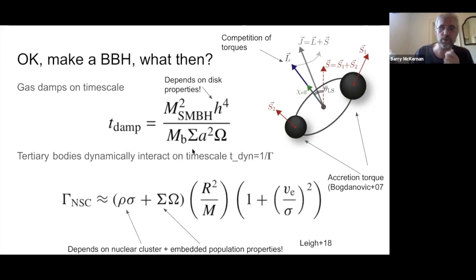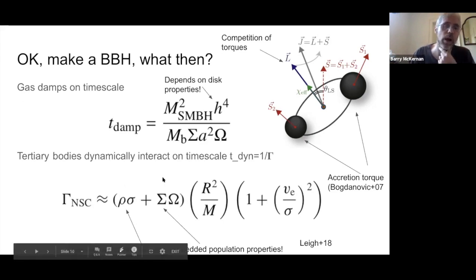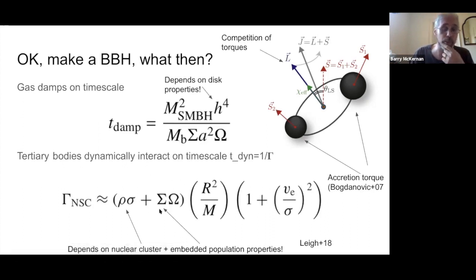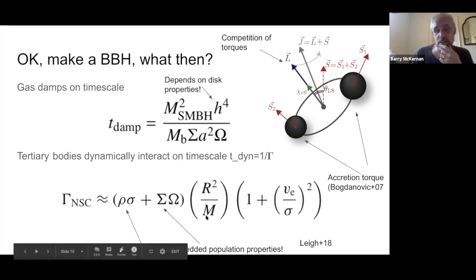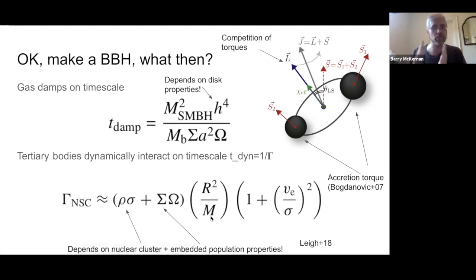That latter process depends on the properties of your nuclear star cluster, the properties of the things embedded in the disk, and the properties of your binary: how big it is, how massive it is. So there's a competition of torques, and that competition is probing both the disk and the overall population of the nucleus. Okay.